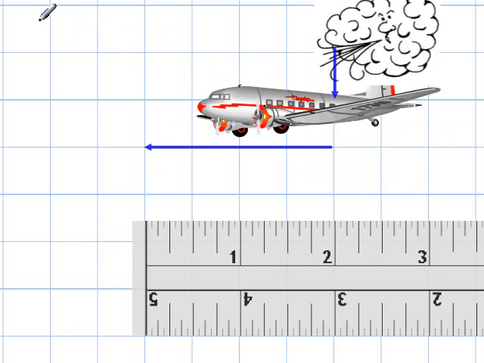Chapter 5, problem or OSC, one-step calculation number 4. And it says, calculate the resultant velocity of an airplane that normally flies at 200 kilometers per hour if it encounters a 50 kilometer/hour wind from the side at a right angle to the airplane.